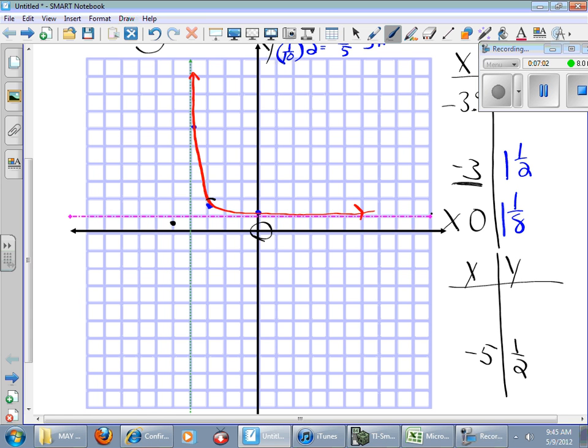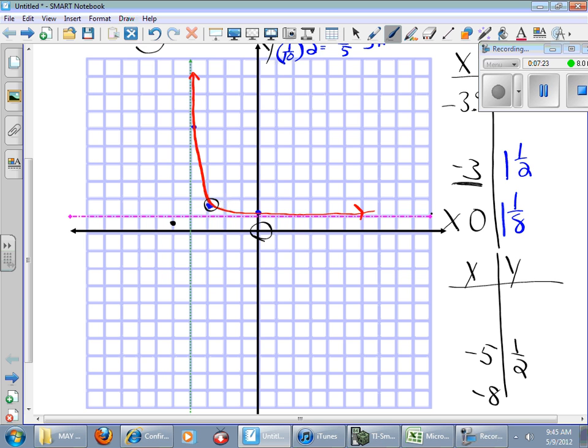Notice this point here was half a unit above the asymptote, wasn't it? Coincidence? I think not. Okay, then I picked 0, which was what? 1, 2, 3, 4 units away. Well, I'm going to go 4 units away in the other direction. So if that's a negative 4, 1, 2, 3, 4, I'm at negative 8.